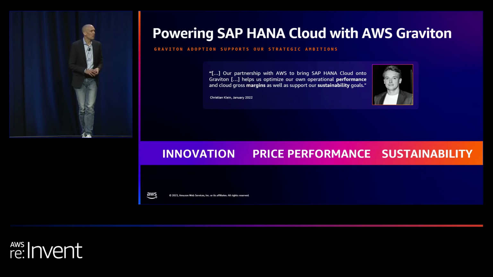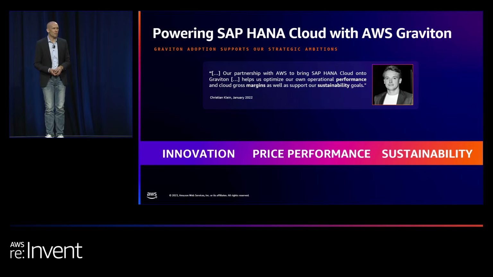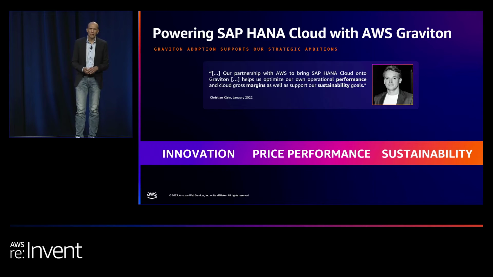If we see the history of SAP HANA, the many years that I showed you on the prior slide, as you can imagine, there is a lot of work in the code base to really optimize, as the system-level software that it is, for performance to the largest possible extent, very closely to the hardware and the infrastructure that we see there. And the question was, what is it that we can innovate close on that hardware-software interface, then also if it comes to ARM-based architectures, specifically with AWS Graviton.